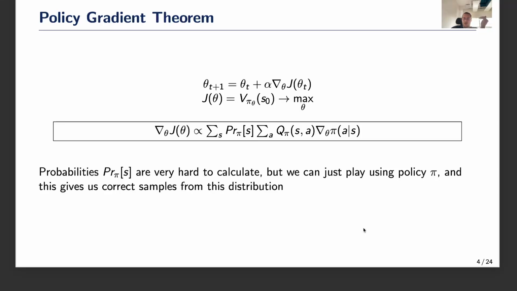We define J as the expected return under policy pi theta, typically starting from some initial state s0. Our goal is to maximize this objective by updating our policy parameters theta in the direction of the gradient.